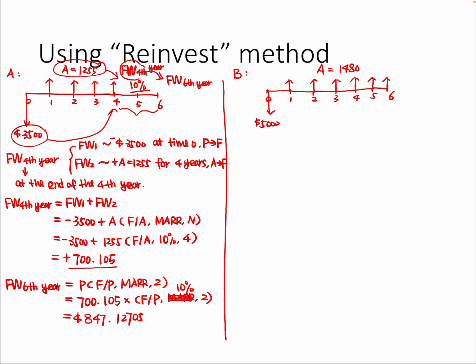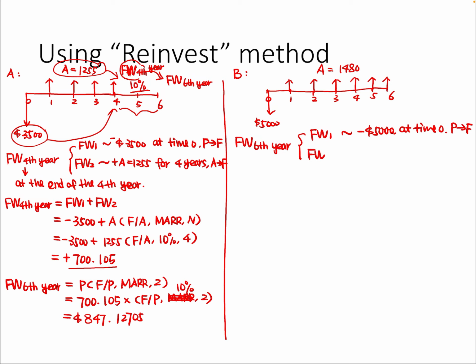Okay, so now you want to convert everything to the future so that you can compare the FW6 year with the first option. Okay, so now we're just to use the future worth method. So you know the FW 6 year consists of FW1, which is from the negative 5,000 at a time 0.